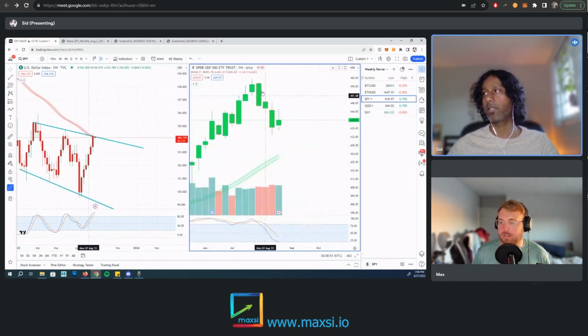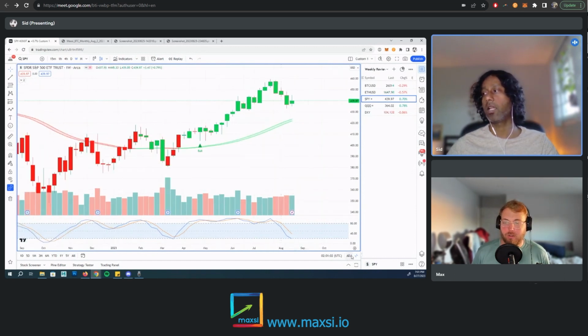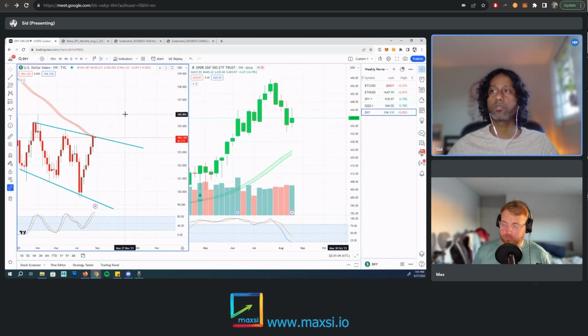We can see that right here. This is the S&P 500, and we can see how it topped out and it's been dropping.